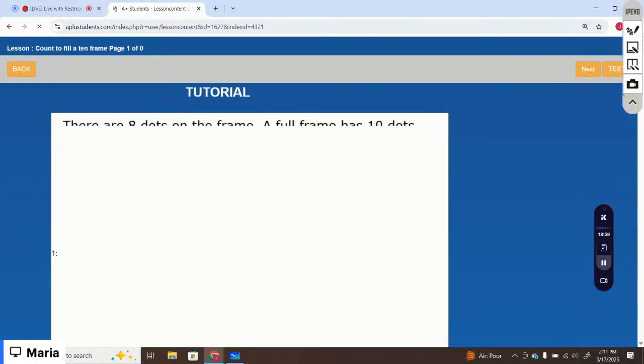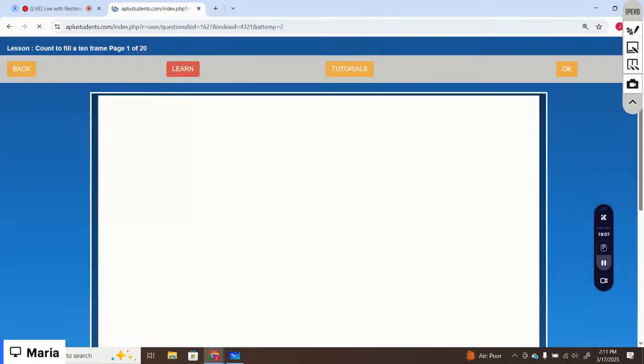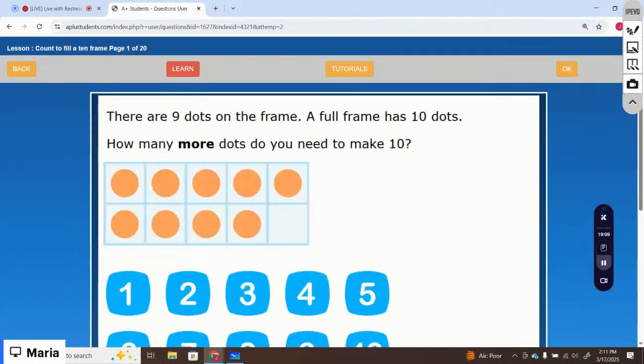The next lesson is count to fill a 10 frame. Let's just start with the test questions. There are 9 dots on a frame. A full frame has 10 dots. How many more dots do you need to make 10?